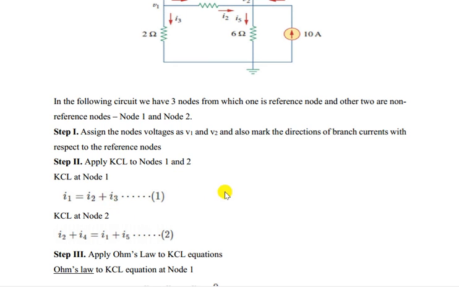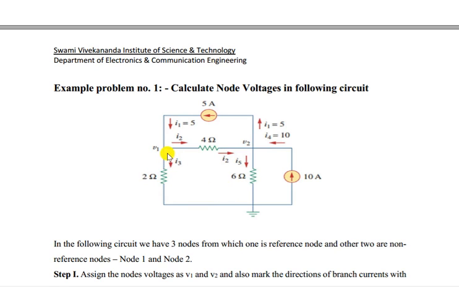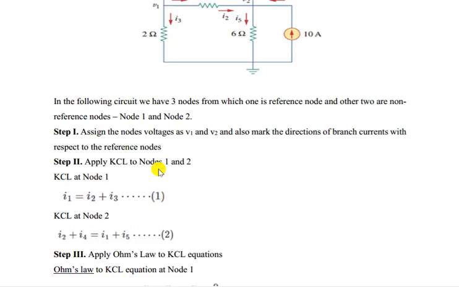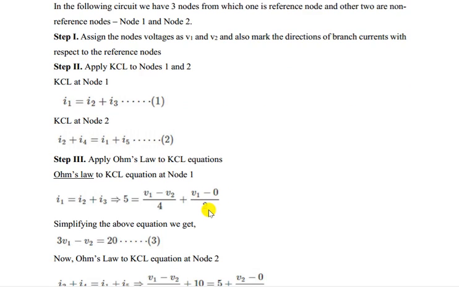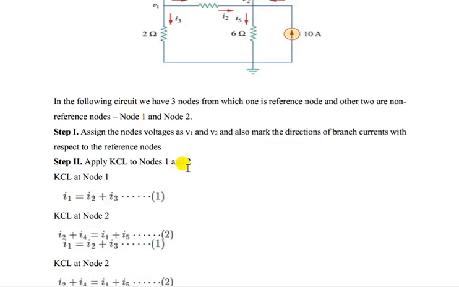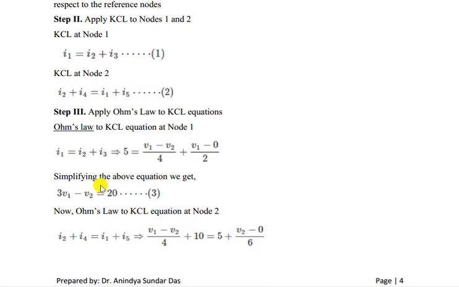Now plus I3. So what is I3? This current is flowing between V1 and 0 volt. So the I3 value will be (V1 minus 0) divided by 2. We have applied Ohm's law and KCL. Okay, only 2 points. Now if we simplify this equation, we will get this third equation.